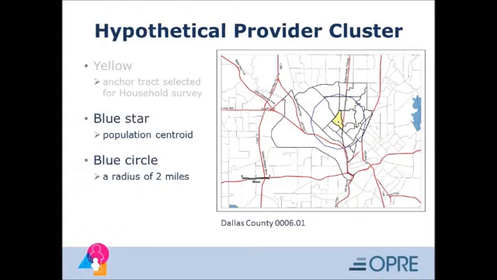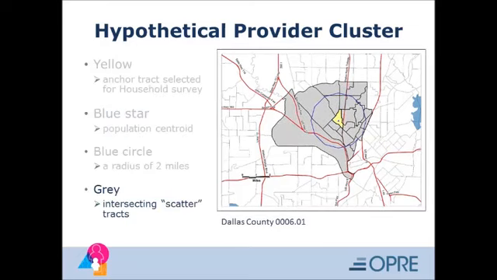That's the little blue star there. And then we draw a circle of radius 2 miles around the population centroid. And then we take every census tract that overlaps in any way with that blue circle. And so we call these grayed out census tracts scatter tracts. And so they scatter around the central yellow household tract.